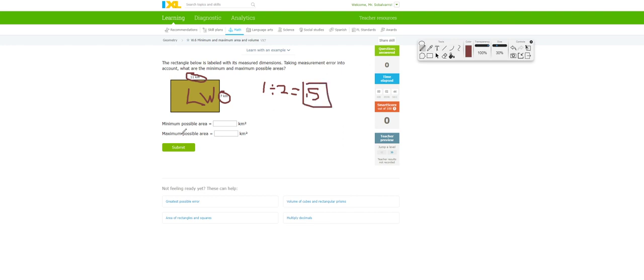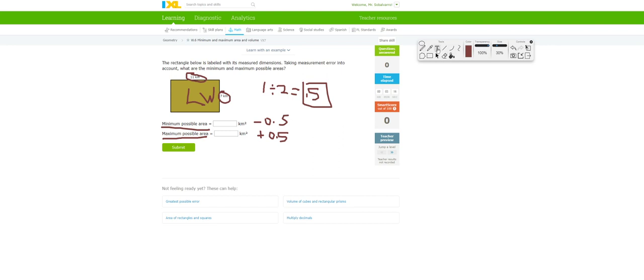If you're going to find the maximum possible area, you add 0.5 to the units you already have. So here it will be 11.5 and here 7.5. If you're going to find the minimum possible area, you subtract 0.5, and then you just multiply the length times the width.